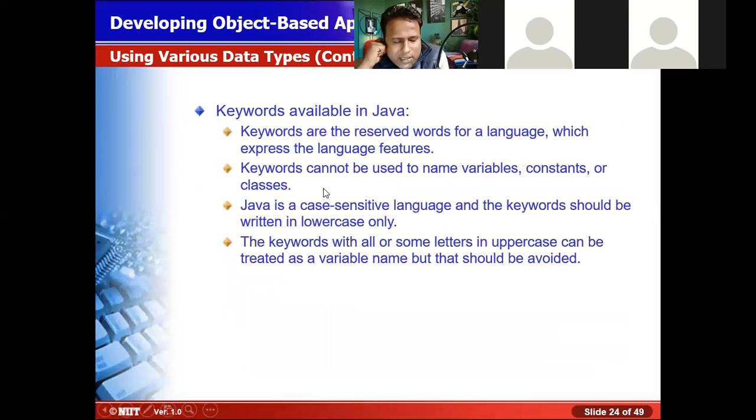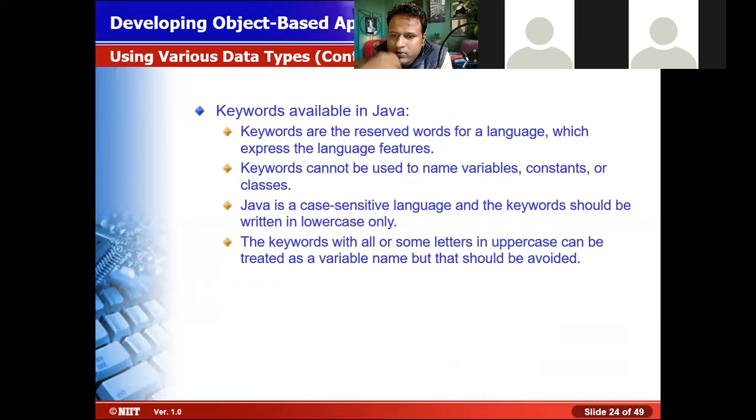The keywords available in Java. Keywords are the reserved words for a language which express the language feature. Keywords cannot be used to name a variable, constant or class. As Java is a case sensitive language, keywords should be written in lowercase only. So there are a lot of keywords you are using, public, system.